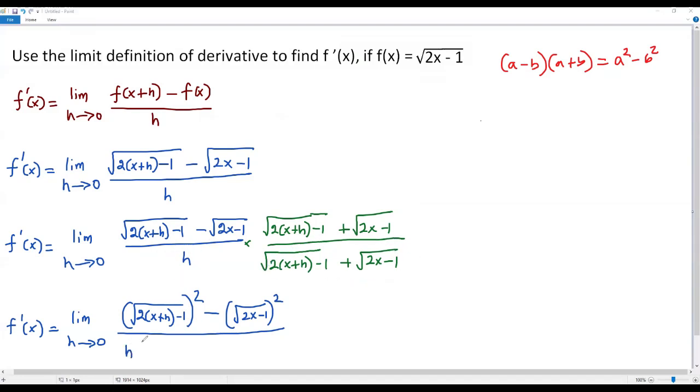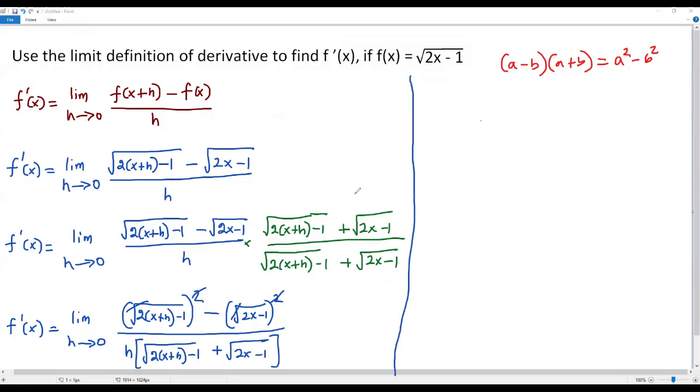Then I'll be getting h times (square root of 2 times (x + h) - 1 + square root of 2x - 1). Okay, here this square root and square will cancel out. The same thing, the square root and square will cancel out over here. Okay, now let me continue the step over here. f'(x) equals the limit as h tends to 0, and here the square root and square are cancelled.